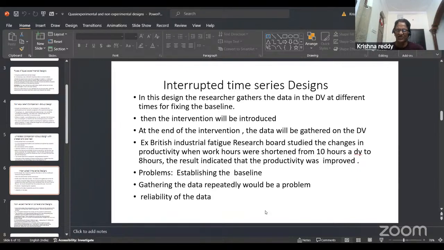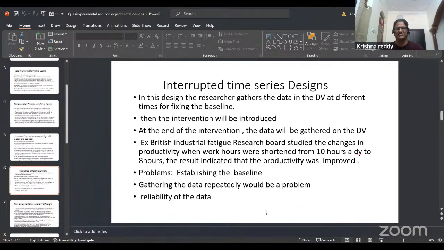If you consider the achievements of all the students, then you try to understand their average levels of performance, which we can call the baseline. Most of the students are at this level. After knowing that, you have to introduce some kind of intervention to understand the change. At the end of the intervention, the data will be gathered.